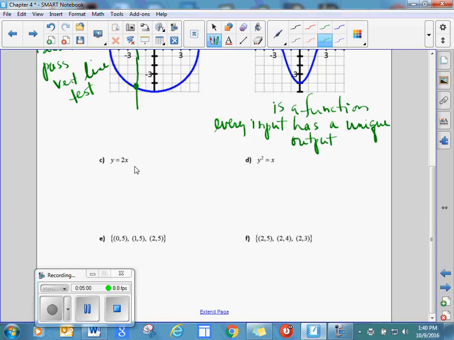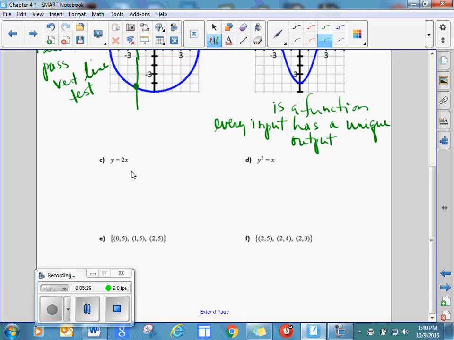But you're trying to ask yourself, if I put in a number for x, is there a possibility that when I put in that same number for x, I'm going to get a different y than I did the first time? And I think by picking a few points and seeing what's happening here, you'll see that if you put in 0 for x, you always get 0 for y. If you put in 1 for x, you're going to get 2 for y.